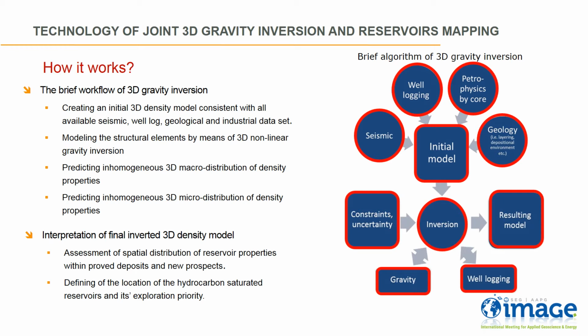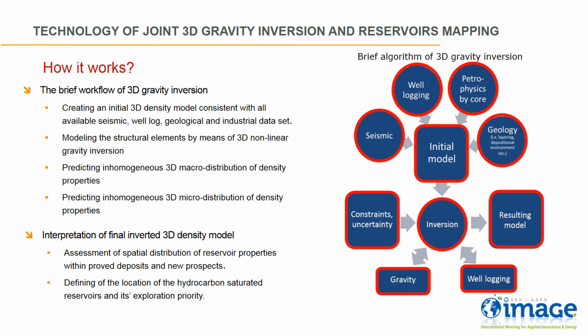Interpretation process includes construction of a heterogeneous 3D density model based on the inverse problem solution for gravity data in combination with other geological information, considering geologically meaningful restrictions on density variations. Inversion provides determination of optimal model parameters to best fit gravity data and all available geological and geophysical information.